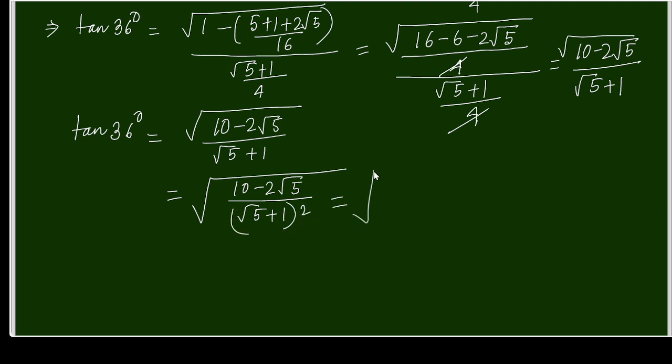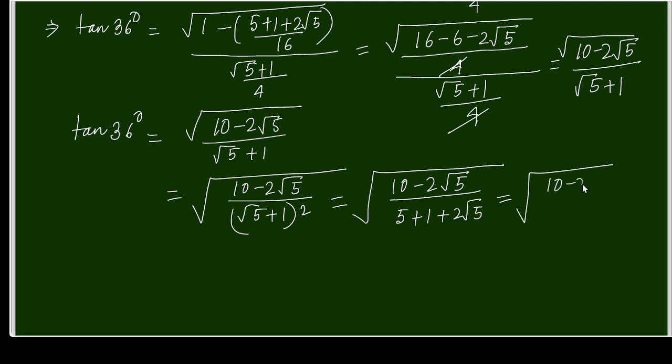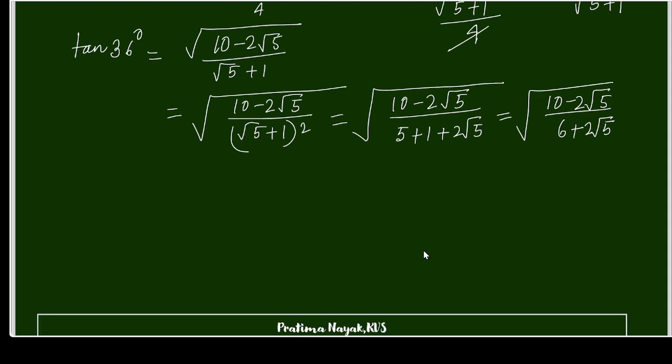So it will be the square root of 10 minus 2 root 5 over the square root of 5 plus 1 plus 2 root 5, or this will be the square root of 10 minus 2 root 5 over 6 plus 2 root 5. So next step, I'll rationalize the denominator.